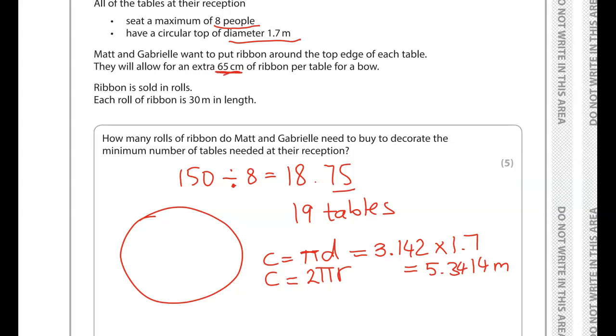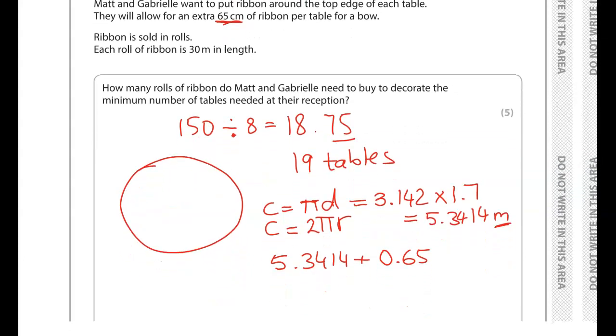We also need to add an extra 65 centimeters of ribbon per table. So we're going to do 5.3414 add 0.65. It's important not to add 65 to this, because 65 is centimeters and this is meters, so it's a different unit.